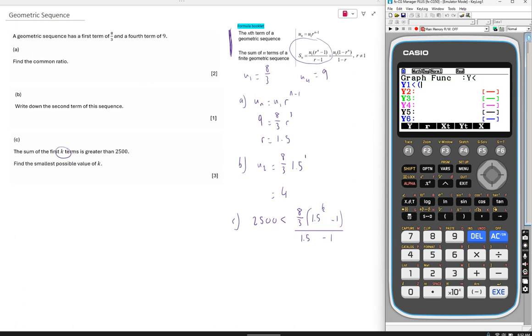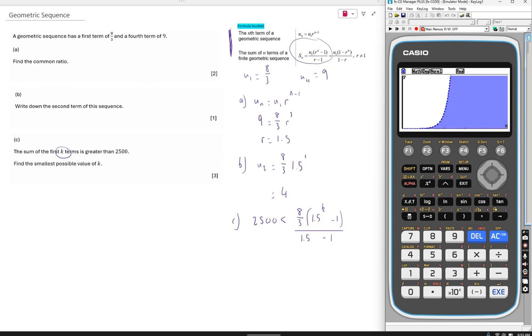I'll put a big set of brackets, all of that, and we are dividing that by 1.5 minus 1. Let's draw this and see what we get.